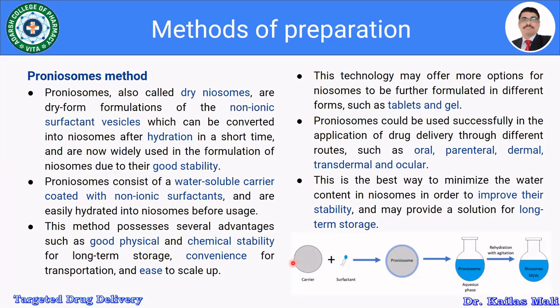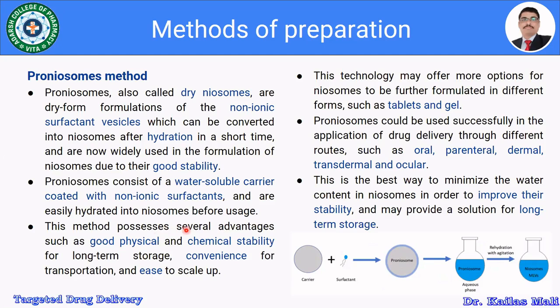It is coated with the carrier. It is coated with the non-ionic surfactant, and we are getting the dry form of the vesicle that is called the Proniosome. And at the time of the use, we have to hydrate these Proniosomes. So after rehydration with agitation, we will get the Niosomes, that is the multilamellar vesicles.